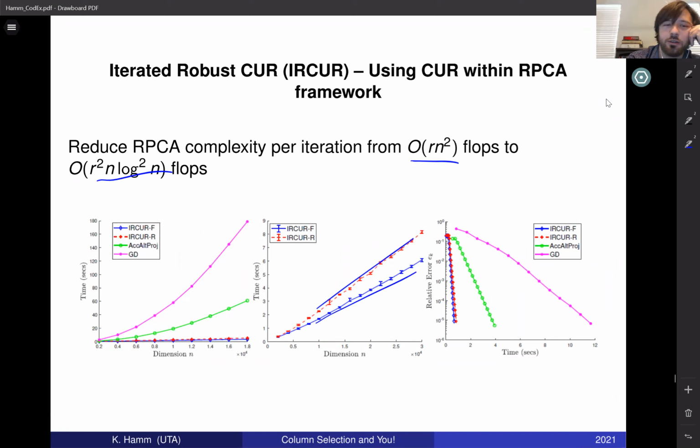And we compared it to accelerated alternating projection and a gradient descent based RPCA solver, and it's lightning fast compared to those, and you can get really good error in a really low amount of time. So from an algorithmic standpoint, this is nice because I'm just using CUR as a proxy for the SVD, and it's super fast.